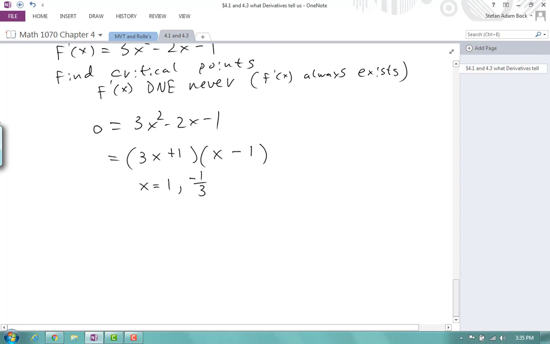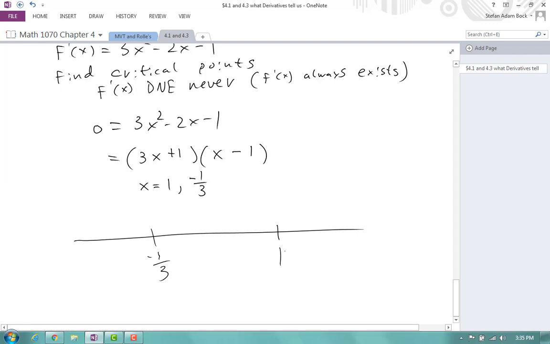So I'll check around my critical points on a number line to find out where my derivative is positive and negative, or in other words, where the function is increasing and where it is decreasing.